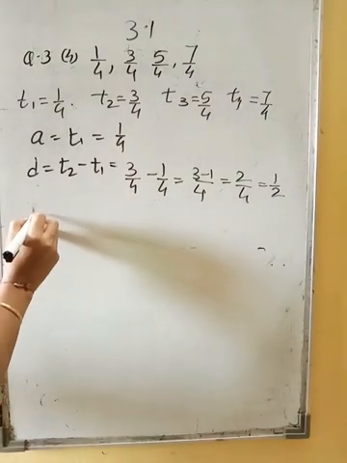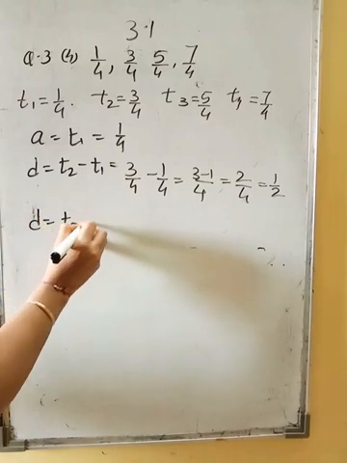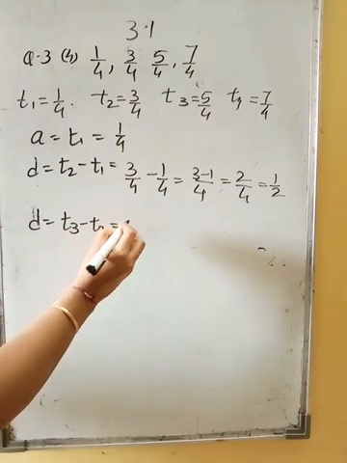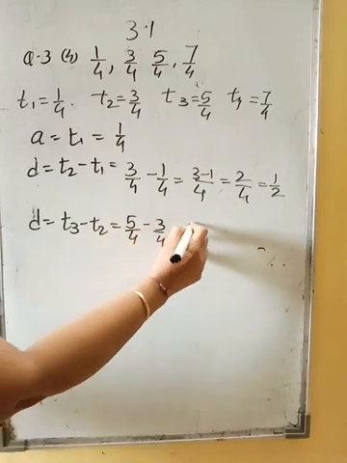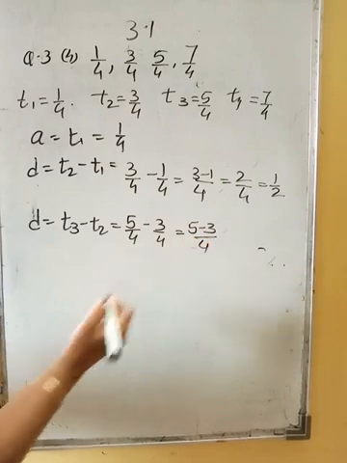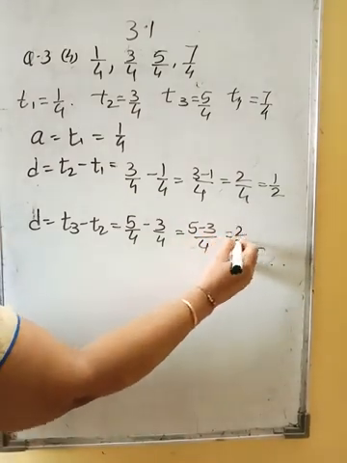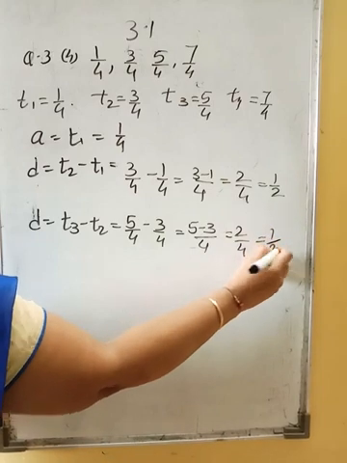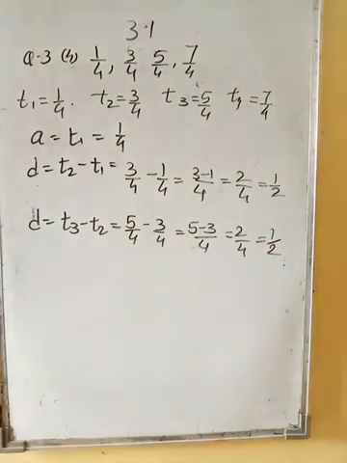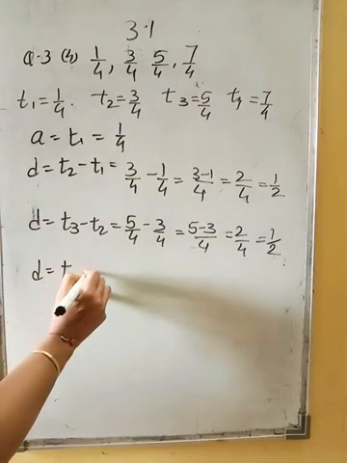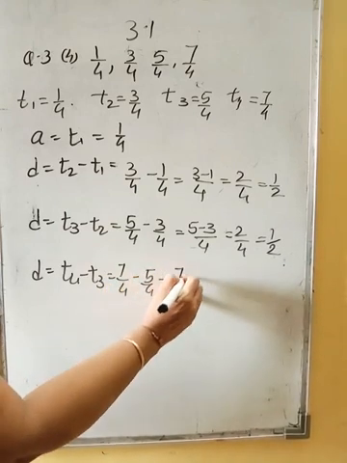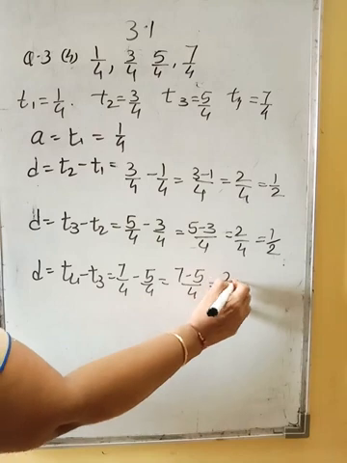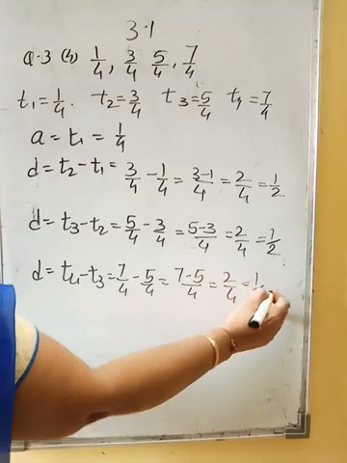Then again find the difference T3 minus T2. So that is 5 upon 4 minus 3 upon 4. So that is 5 minus 3 upon 4. So that is 2 upon 4, which comes out to be half. Last time, T4 minus T3 we will do. So 7 upon 4 minus 5 upon 4, that is 7 minus 5 upon 4, which is 2 upon 4, which is 1 upon 2.